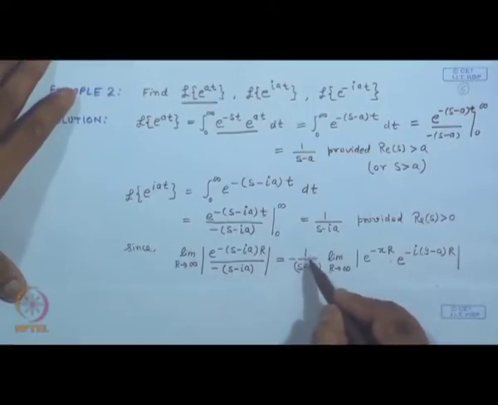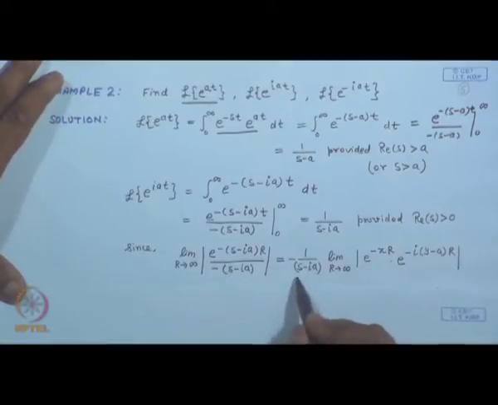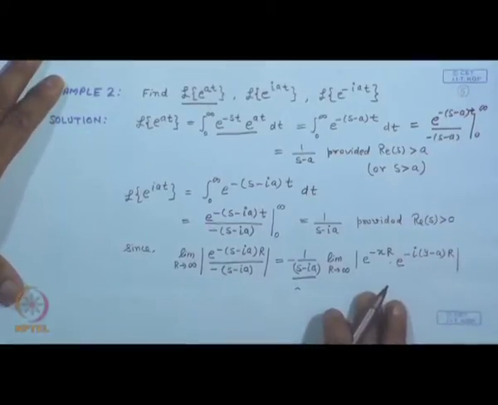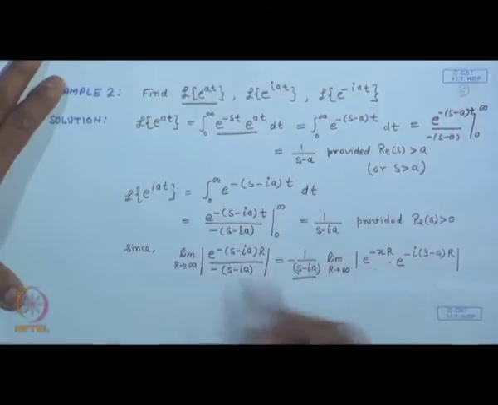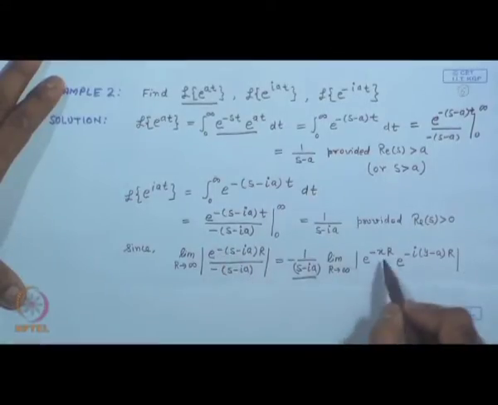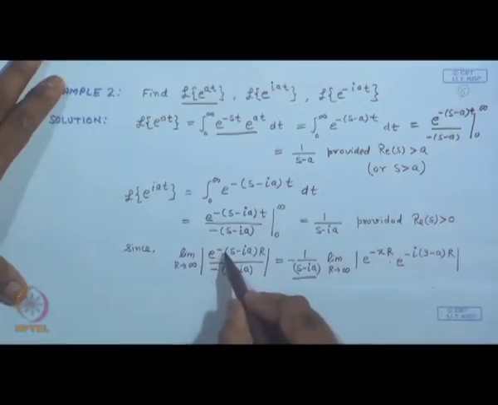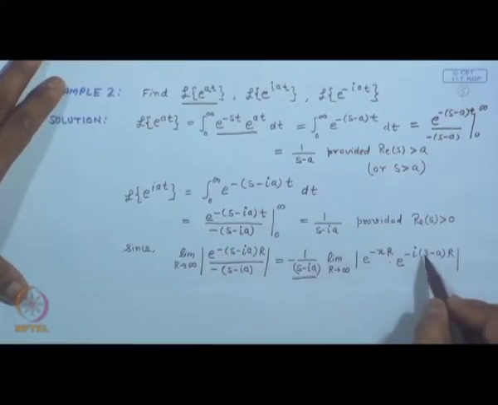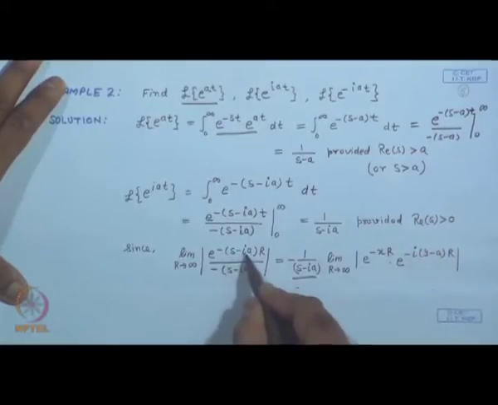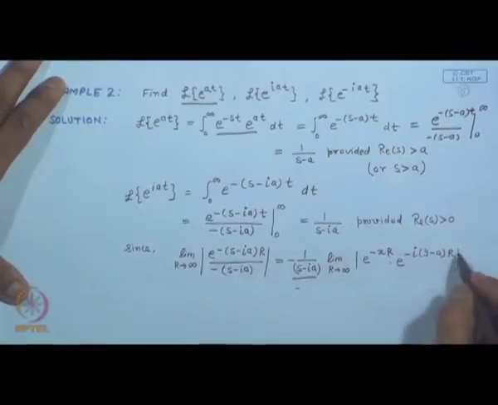So, we have minus 1 over s minus a, and then the limit r to infinity of e power x, where we again assume s is x plus iy. So, we have e power minus x r, and then e power minus iy, and then we have taken ia common, and then r.